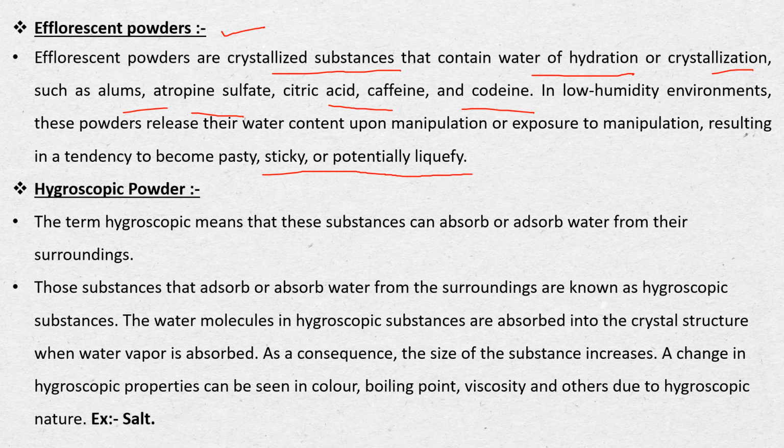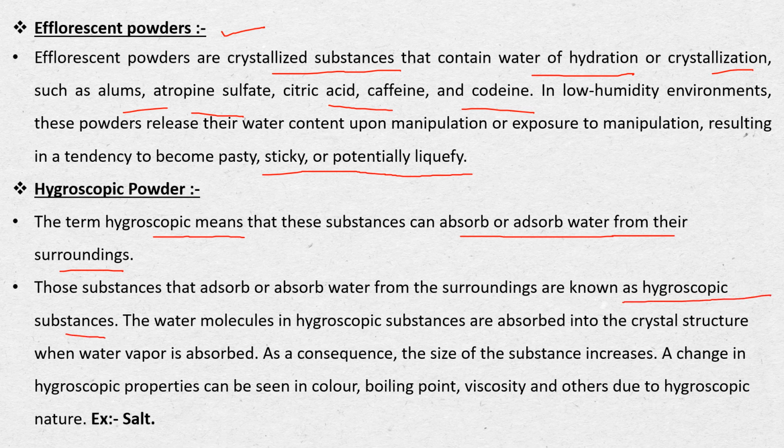So next is hygroscopic powder. The term hygroscopic means that these substances can absorb or adsorb water from their surroundings, right? Those substances that absorb or adsorb water from the surroundings are known as hygroscopic substances.